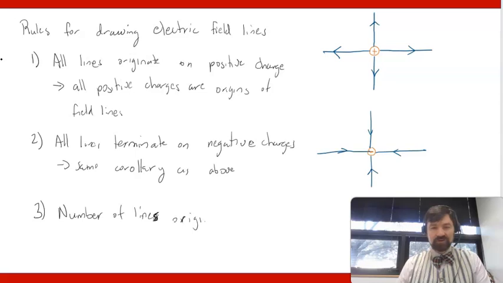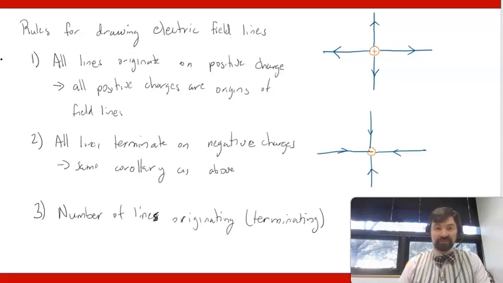So the more charge I have, and this is true for terminating as well, so we'll put that parenthetically, terminating for a negative charge, originating for a positive charge, this number is linearly proportional, or directly proportional, to the magnitude of the charge.